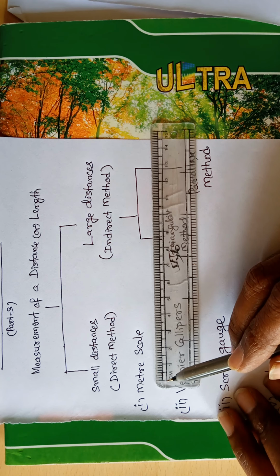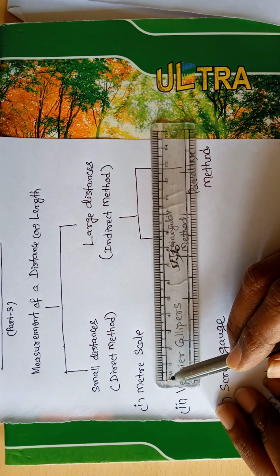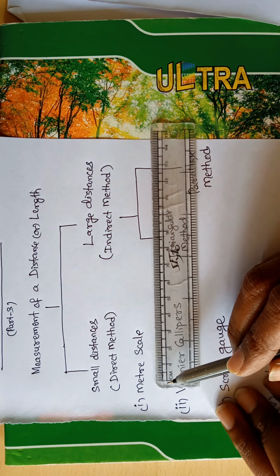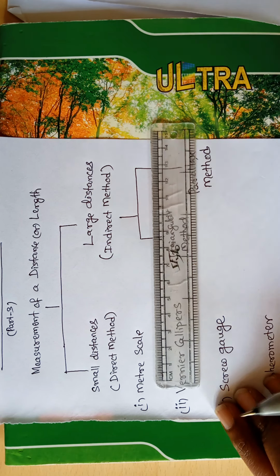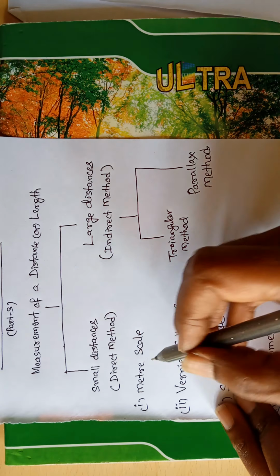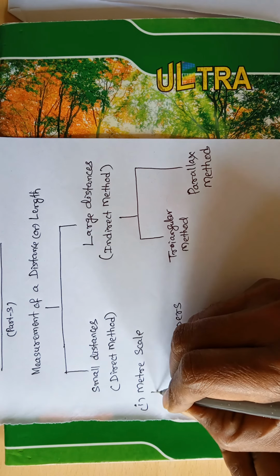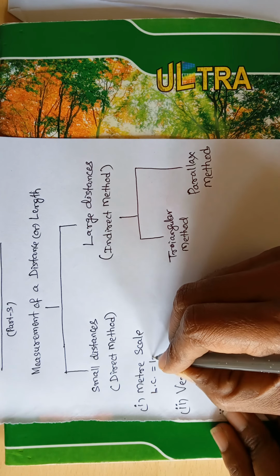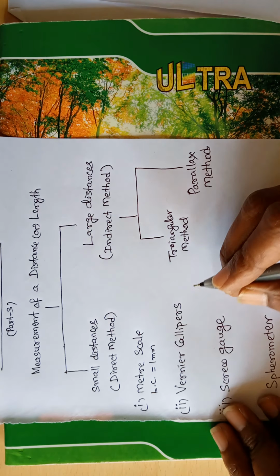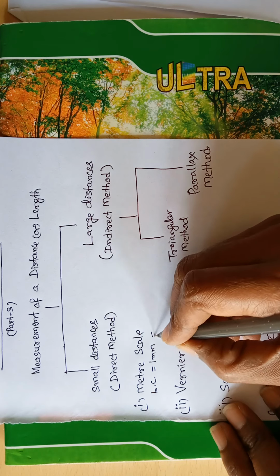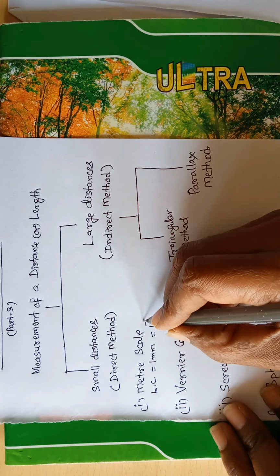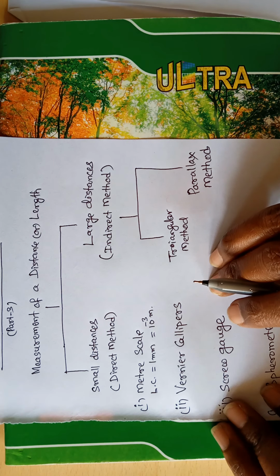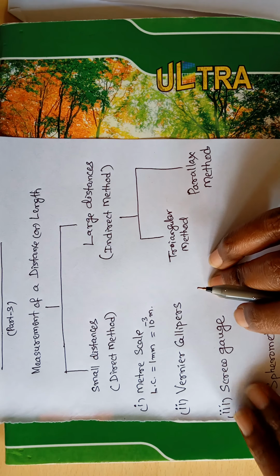It means the lowest distance you can measure using this meter scale is just 1 millimeter. So let me write here, its least count is 1 millimeter. Milli means 10 power minus 3 meter. It means the 1,000th part of a meter.